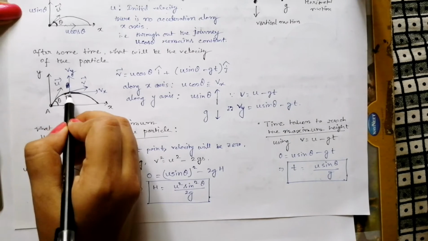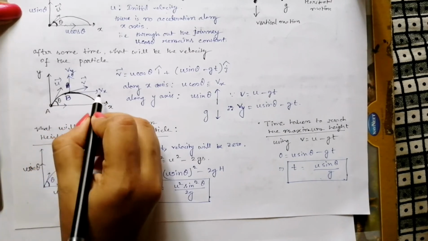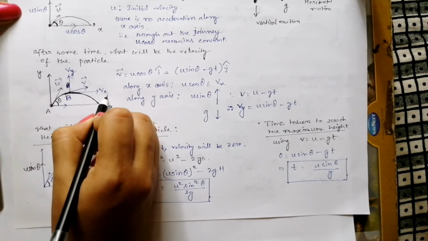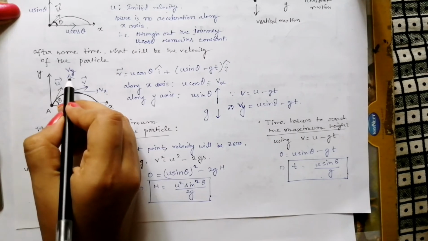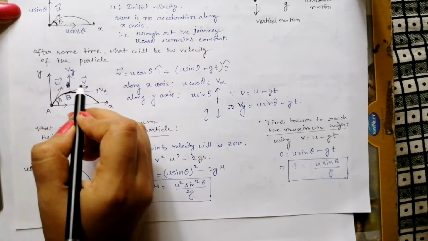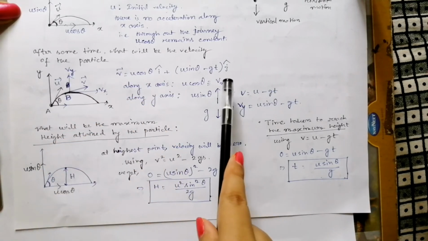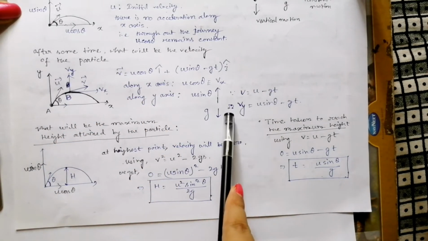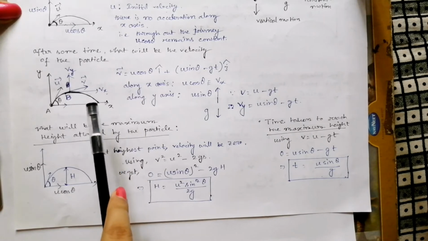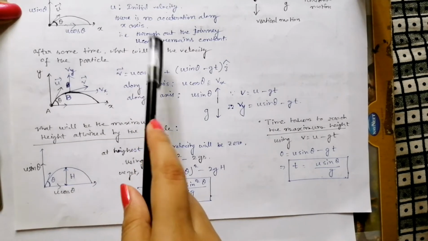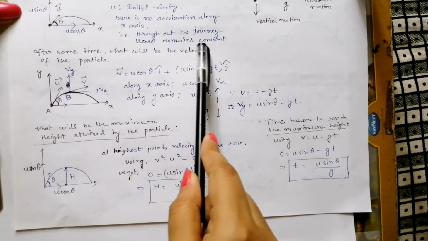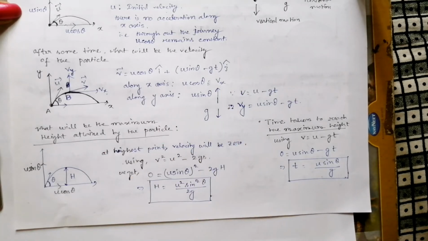Again, I can split it into two components. One is along the x axis, that is vx, and another is along the y axis, that is vy. As v is a vector quantity, I can write it as vx i cap and vy j cap. Vx is very simple. As I told you earlier, u cos theta remains constant throughout the motion. So here vx will be u cos theta. But what will happen with the vy part?